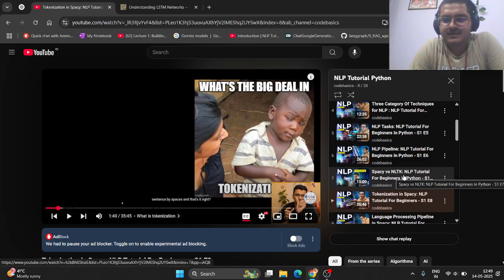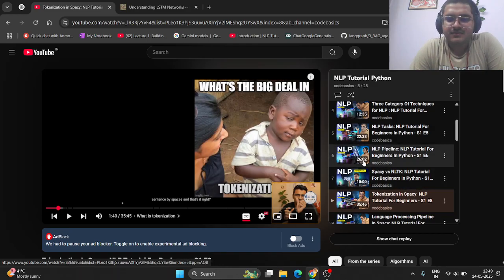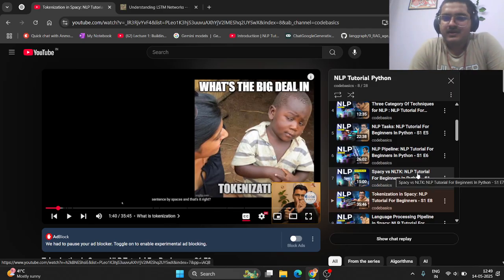NLTK is better for research purposes, and if you're just looking to run the code in a high-level way, just go for spaCy. For researchers, NLTK is better. It is also older.